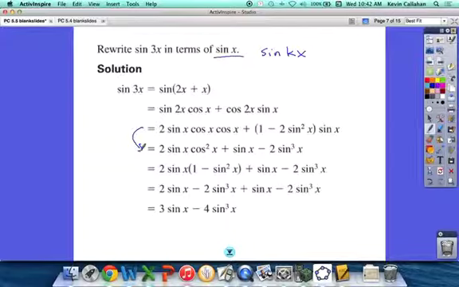Now, these are just rearranging the double angle formulas that we've already got, specifically the cosine of 2 theta. And you can see this if you do this. If I multiply the 2 onto this side, I'm going to get 2 sine squared u equals 1 minus cosine of 2u.